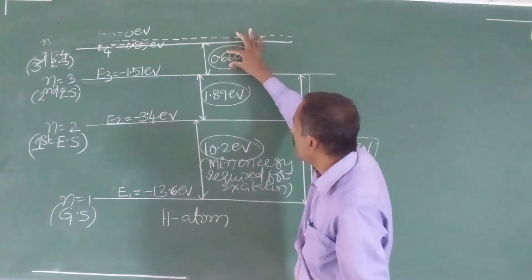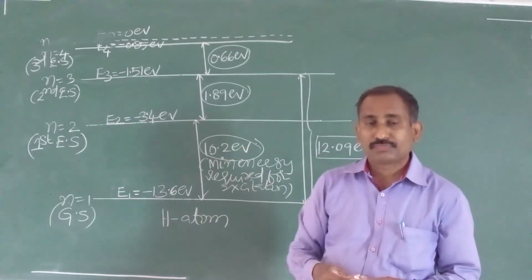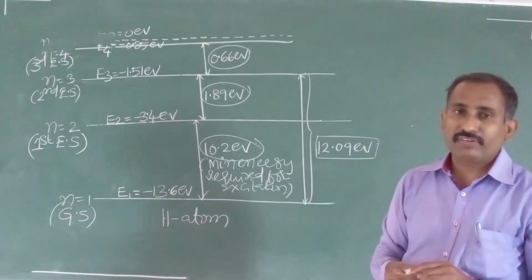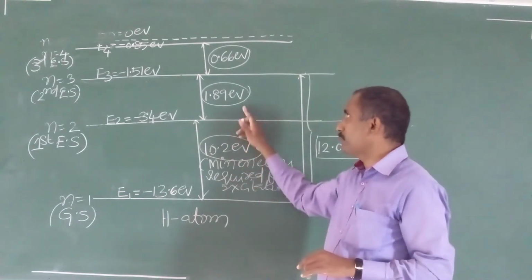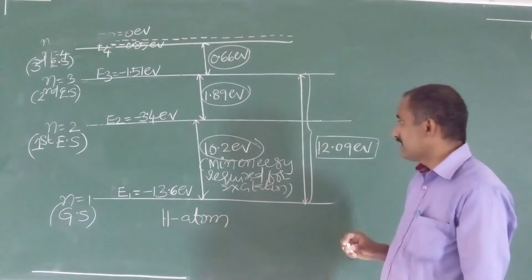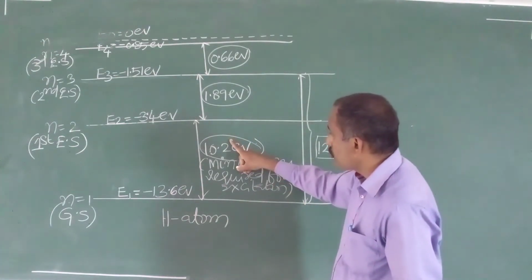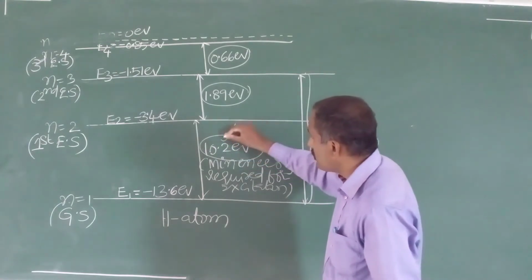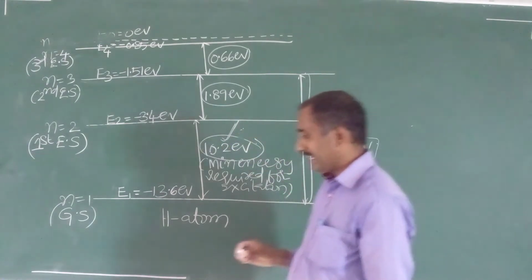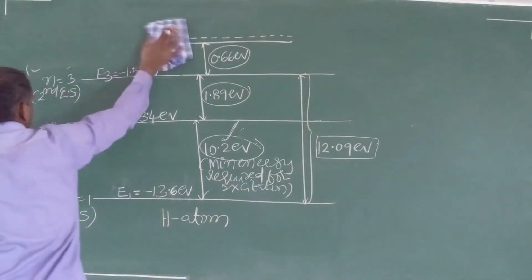Here still less gap because less difference. Therefore, as n value increases, the energy difference between successive orbits decreases. Next, one more point. The minimum amount of energy required for excitation of an electron in a hydrogen atom is how much? 10.2 electron volts. Otherwise, the points I will write.